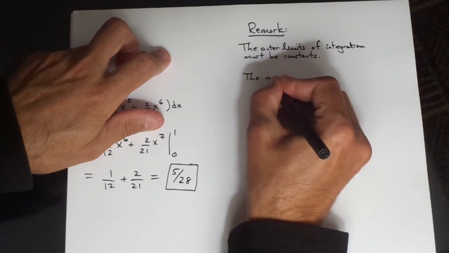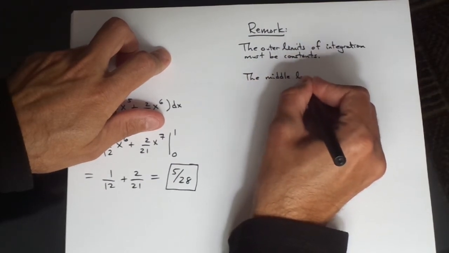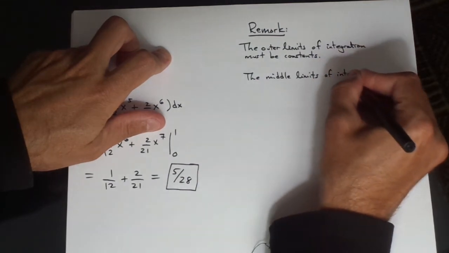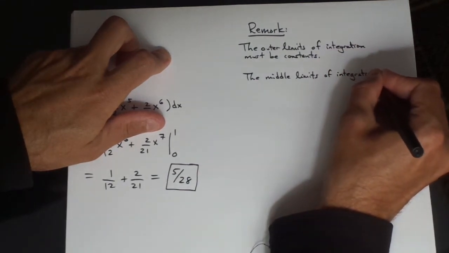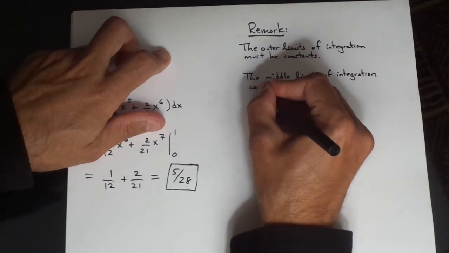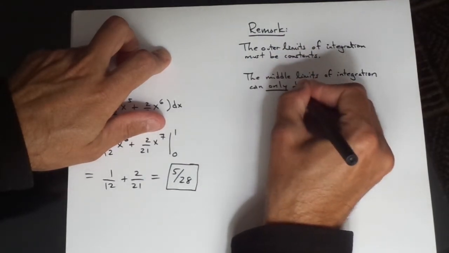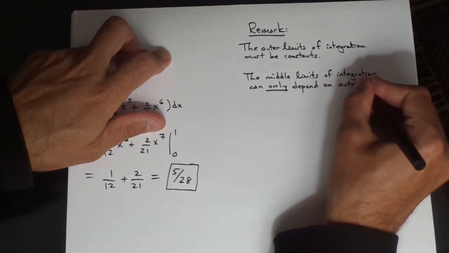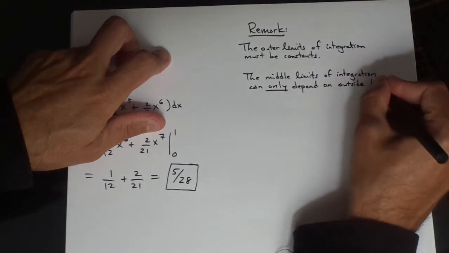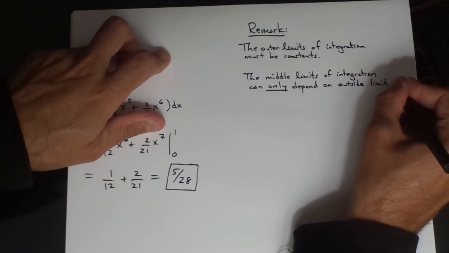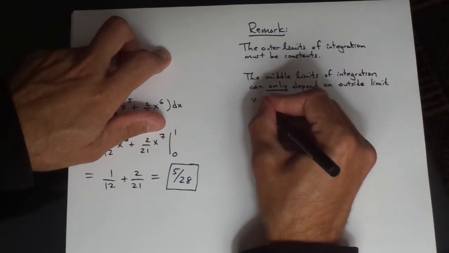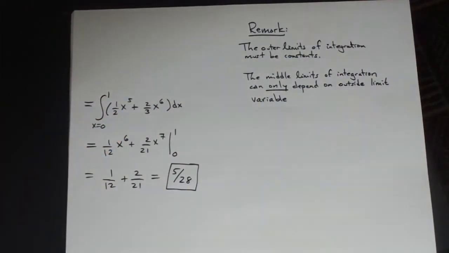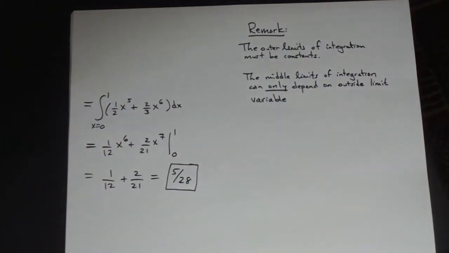The middle limits of integration, they don't have to be constant, but they can only depend on the outside limits, whatever variable is being integrated on the outside. So whatever that outside limit variable is, that can appear as a limit of integration on the middle integration.